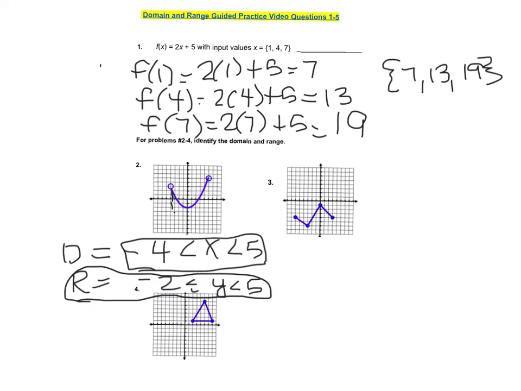Now let's take a look at this next shape here. Let's first take a look at what the domain's going to be. We're going to start from the left, and we're going to reference the x-axis, which will be our domain.